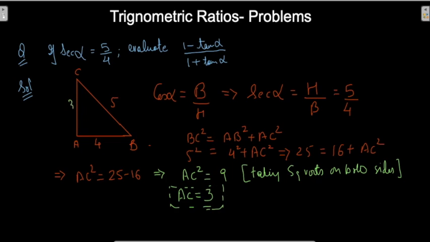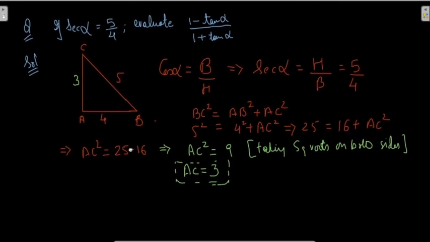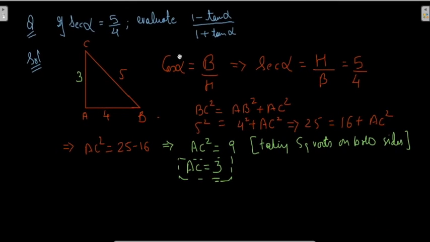So this is 3. Now we have got all the values in front of us. So what next will we do? What we have to find is 1 minus tan alpha over 1 plus tan alpha. So simply, we have to find the value of tangent of alpha. So what is the tangent ratio?